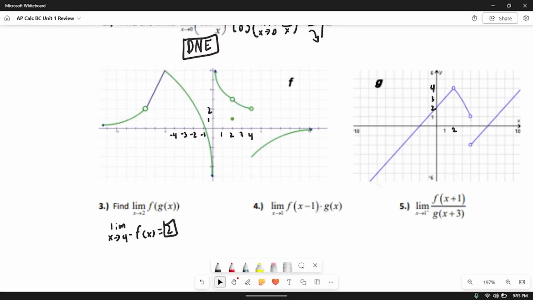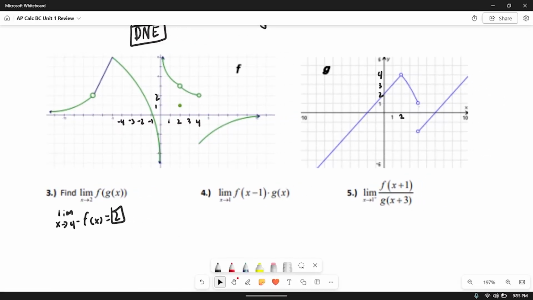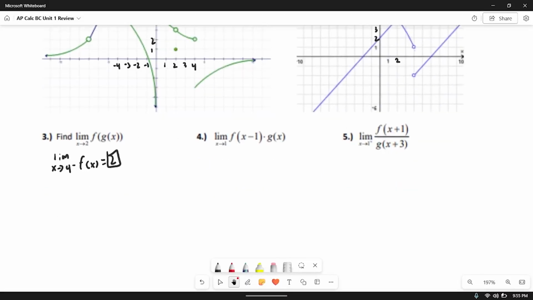Alright, now we have the limit as x approaches 1. So let's do the limit as x approaches 1 of f of x times g of x, which is, does not exist. But let's just do it. Just so you know, guys, when we're doing stuff like this, we should always check from both sides, because sometimes it will work out.